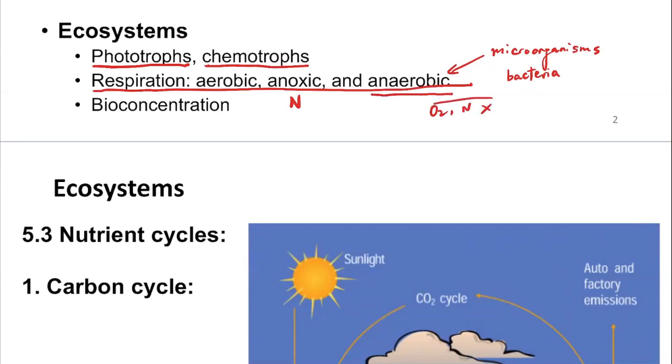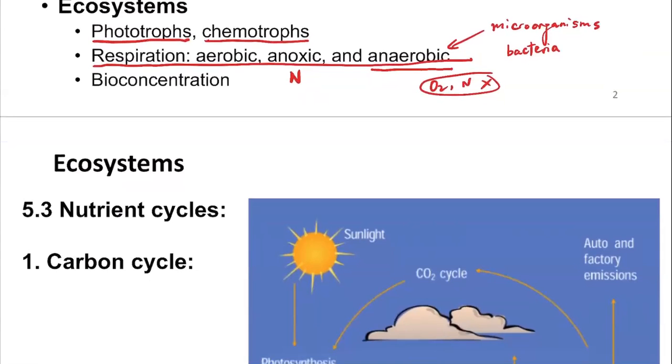An example is the yogurt bacteria. We also discussed the concept of bioconcentration, which means that some chemicals' concentration might get higher and higher, accumulated as they pass through the food chain.